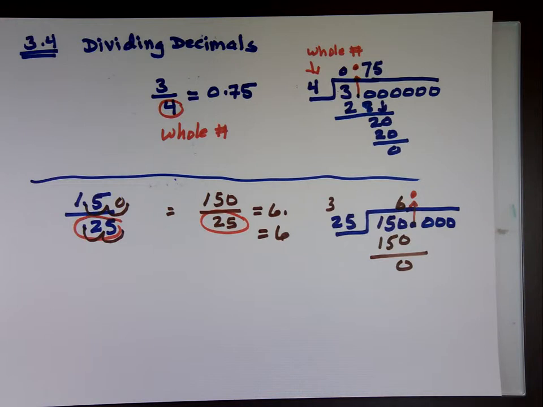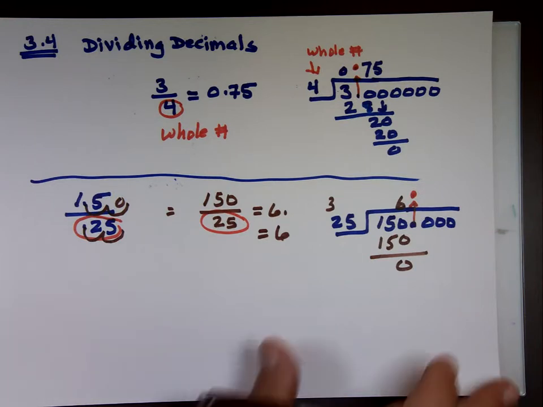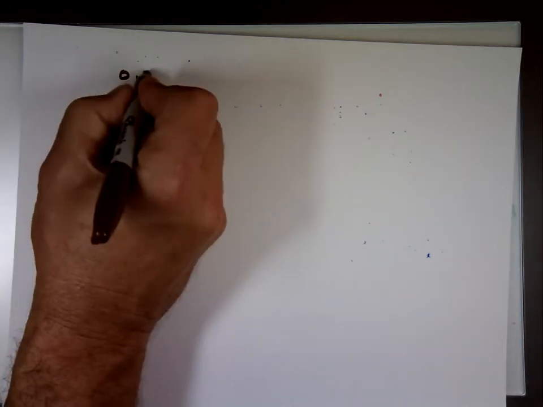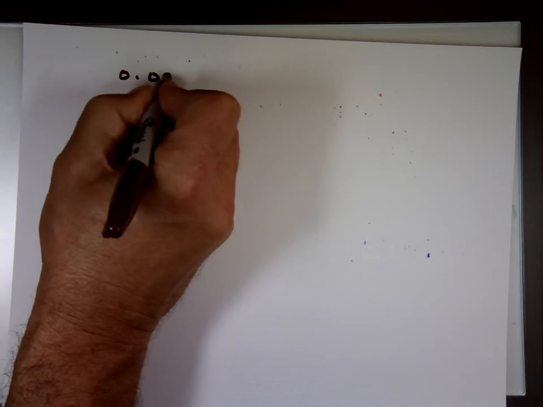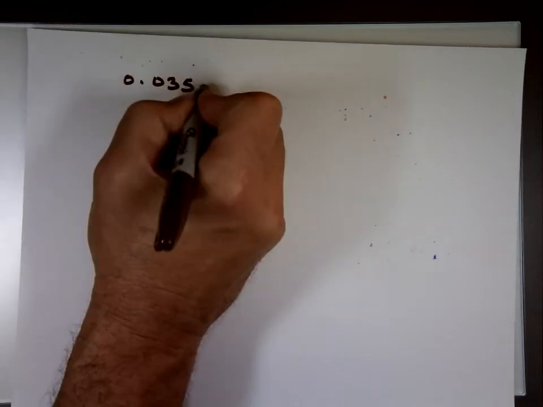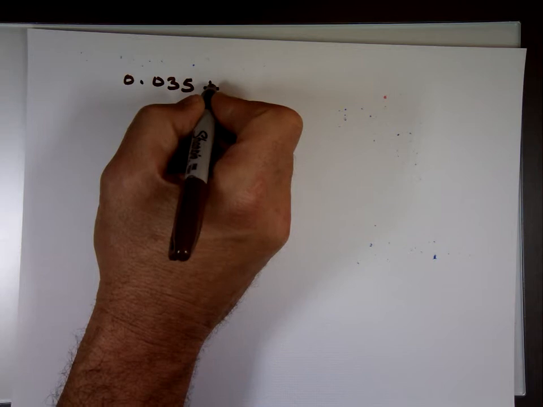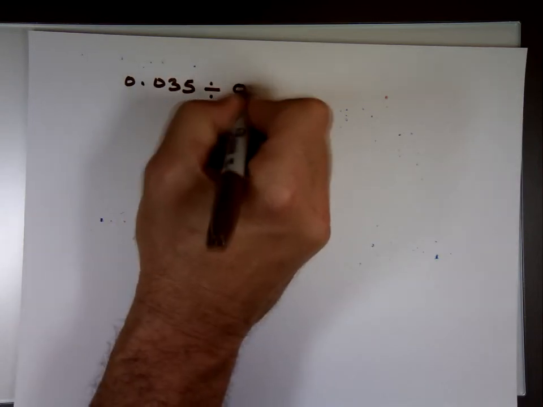Let's try another one. 0.035 divided by 0.25.